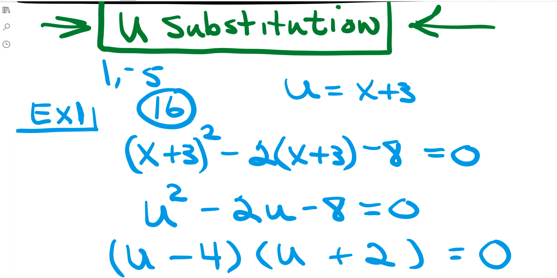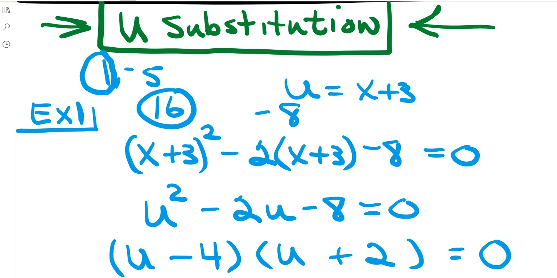Then here, if x is 1, I've got 1 plus 3 is 4. Negative 2 times 4 is negative 8. And then minus this 8 equals 0. So that checks. So 1 is a solution.